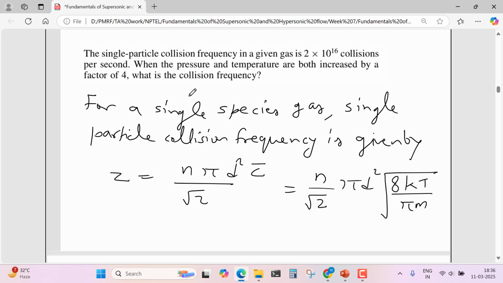First we need to know the relation between single particle collision frequency, temperature and pressure. If you know the relation, you can directly use that Z is directly proportional to P upon under root T. But here we will first derive how we got this relation.